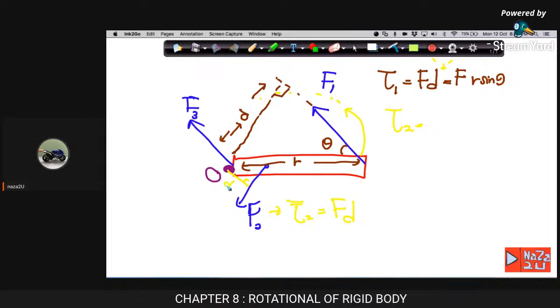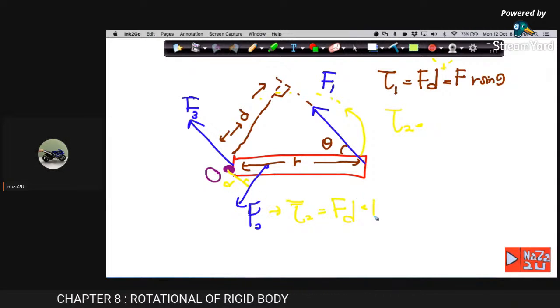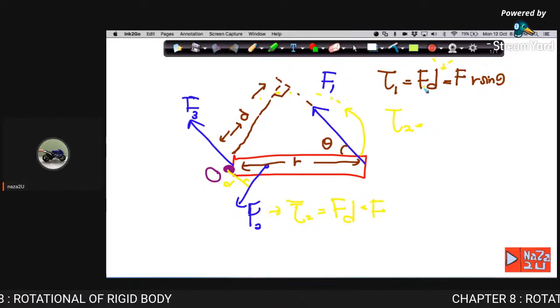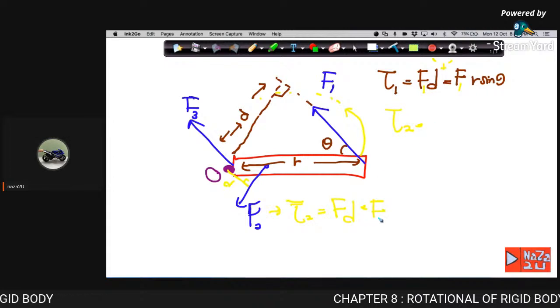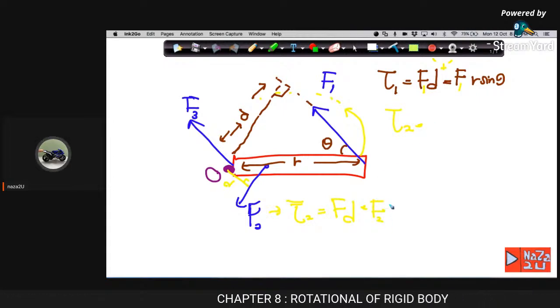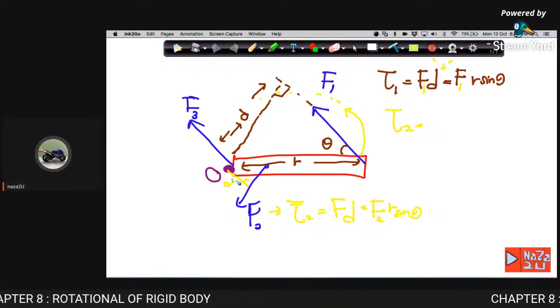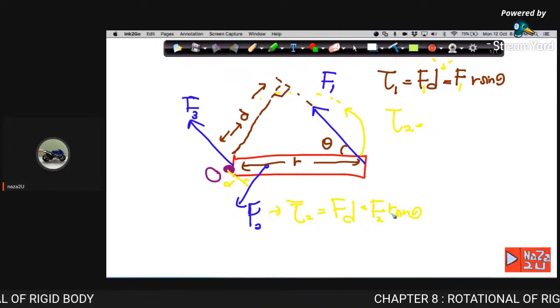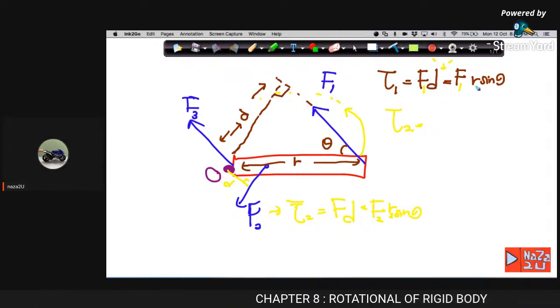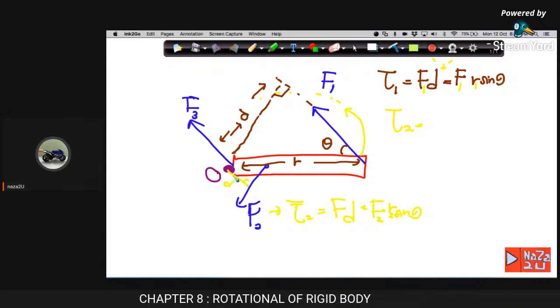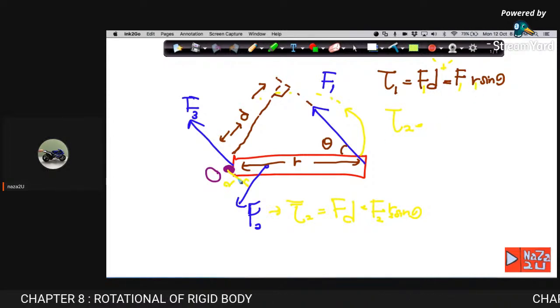So let's say this is D. Also we have for F2 R sine theta. So R here, okay, I make it R2 because it is not the same as R here. This is R2. It depends on the distance here, right?